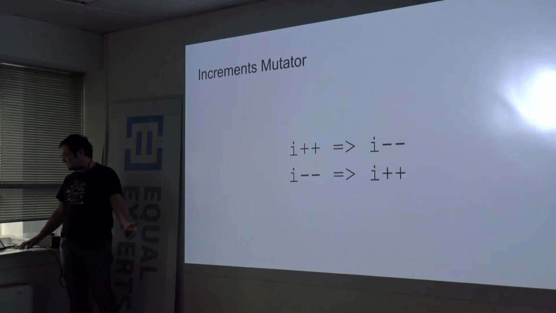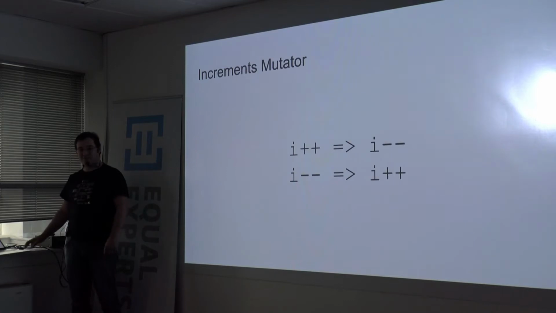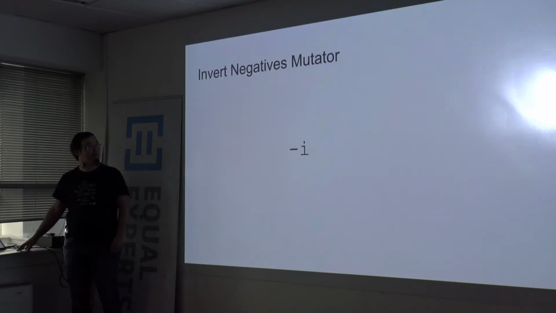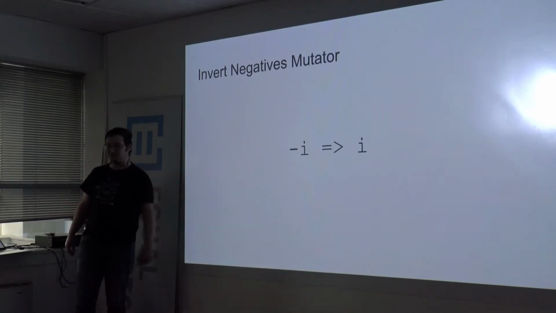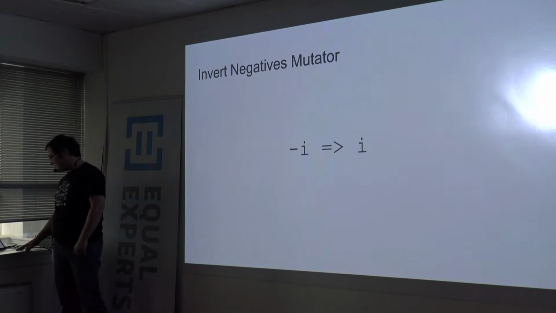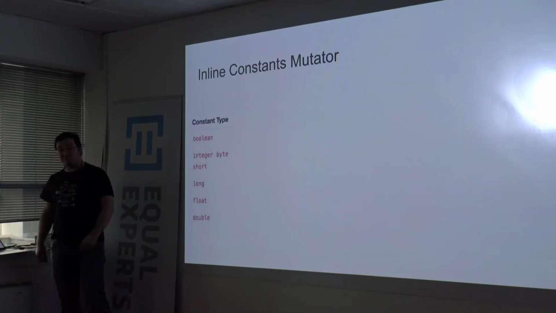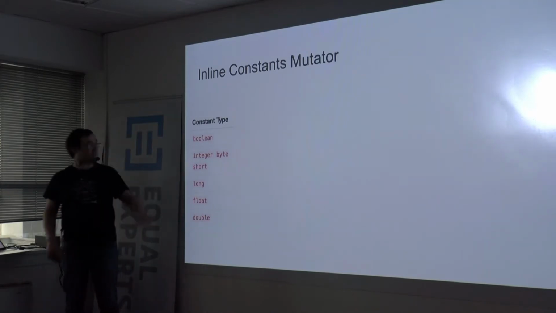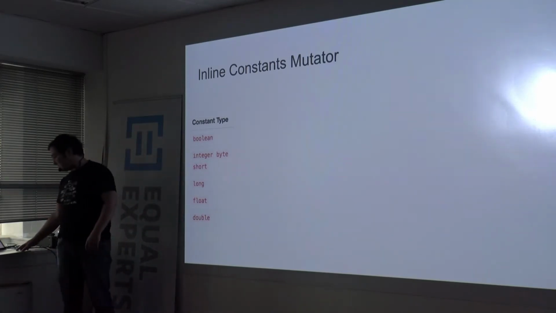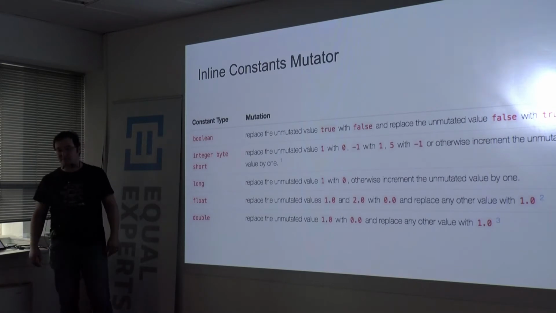Increments and decrements become the opposite. Invert negative: if you're returning a minus i, it removes the minus. Whenever you have constants in your code, it just replaces those values with something else.